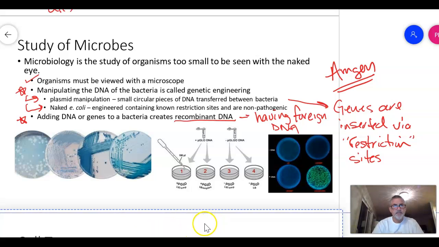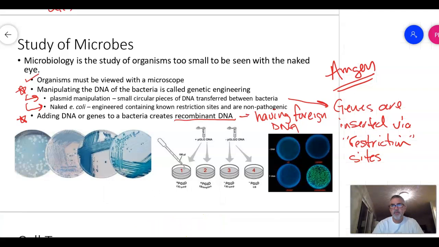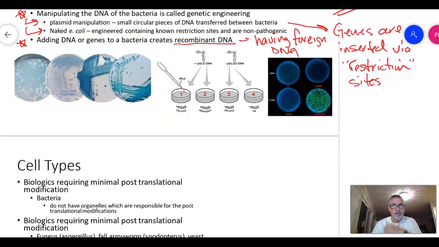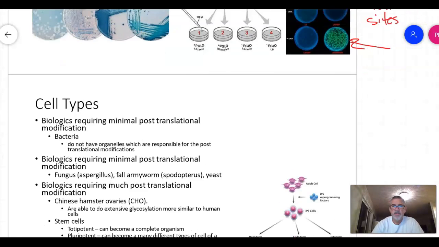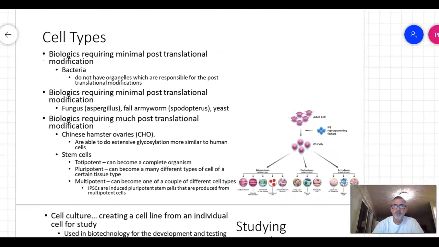So, for instance, what we would have been doing is transforming bacteria, making what's called pGLO, or green glowing bacteria. Normally bacteria would not grow green, but we can insert a fluorescent protein in it, and oftentimes we'll put these fluorescent markers in our cells so that we can identify ones that have been transformed properly.